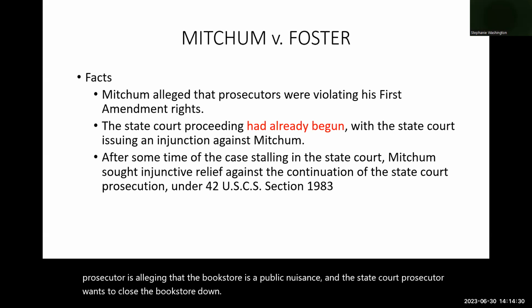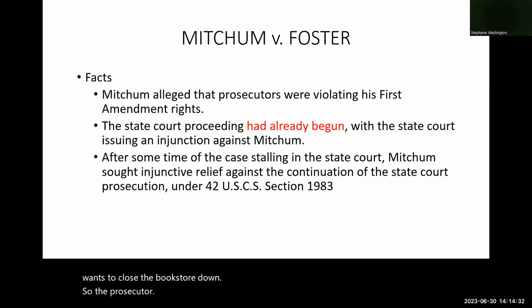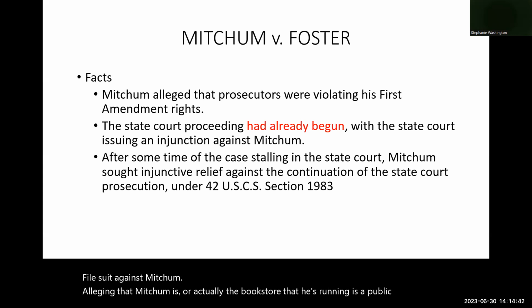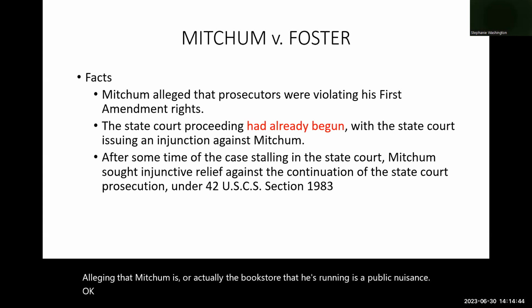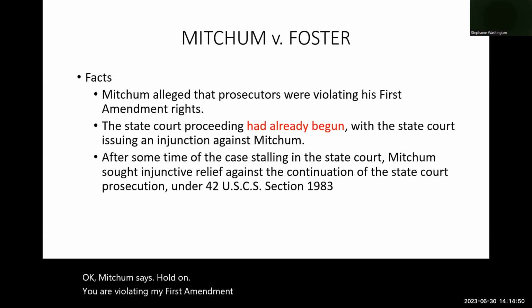So the prosecutor files suit against Mitchum, alleging that the bookstore he's running is a public nuisance. Okay. Mitchum says, hold on, you are violating my First Amendment rights.